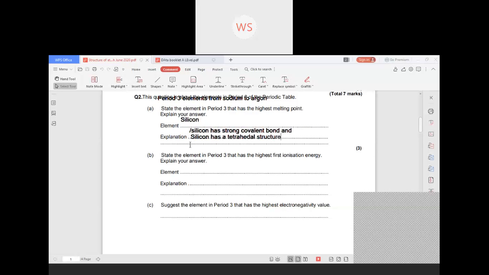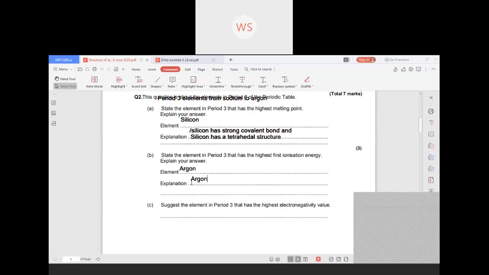And then state the element in period 3 that has the highest first ionization energy. The highest ionization energy is element argon. Why argon?